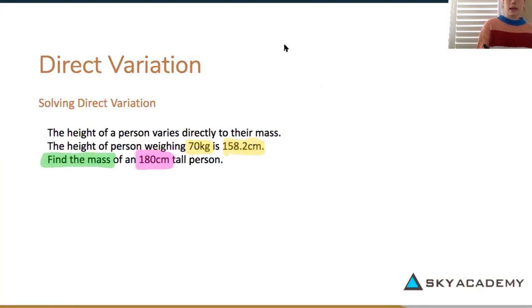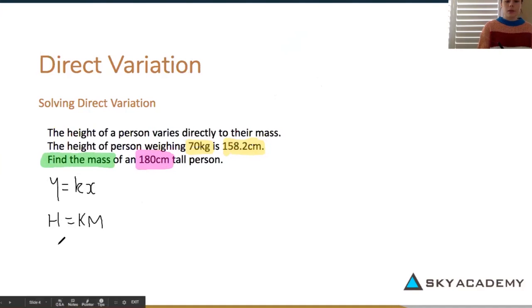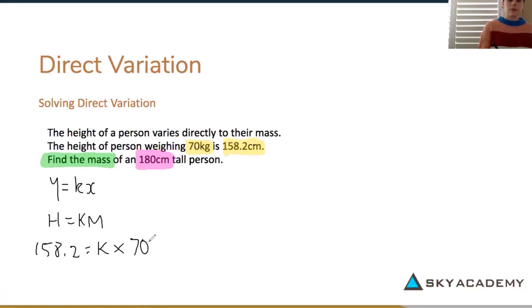Let's write up the equation that we're going to model off, which is y equals kx. Now let's sub for the two values that we do know. The height of a person, h, varies directly to their mass. So if someone is 158.2 centimeters tall, that's their height, equals k times their mass, which is 70 kilograms.